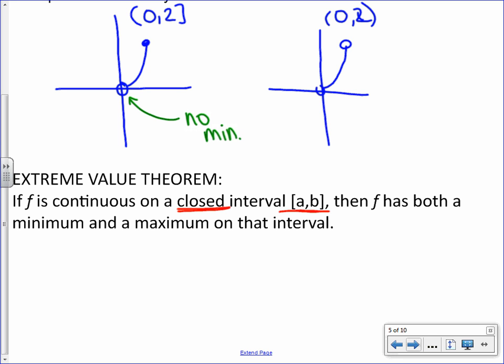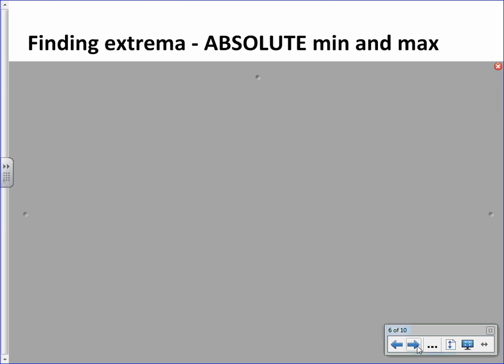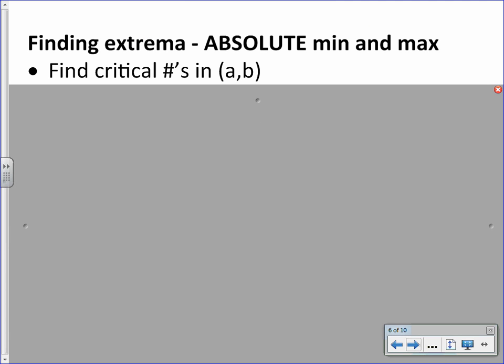So, in order to find our absolute minimums and maximums, we first have to consider our critical points in our interval. Now I wrote the open interval because the endpoints we're going to worry about later. So the first thing we need to do is identify any critical numbers, because we know that is where we're going to have our relative mins and maxes.